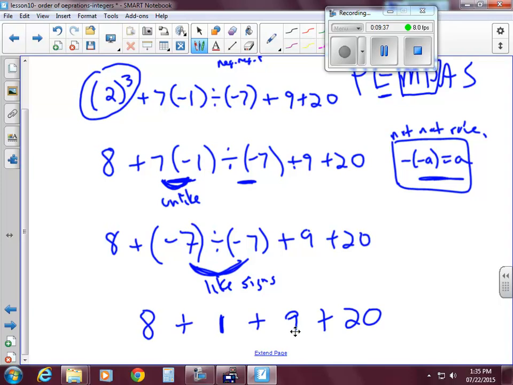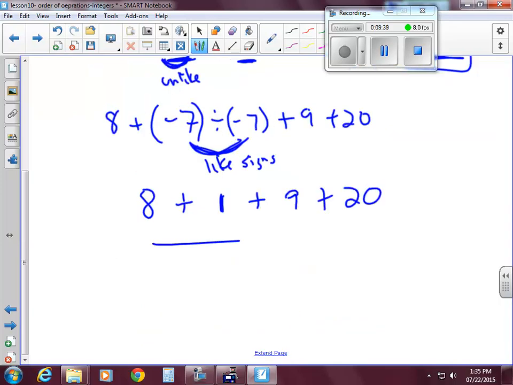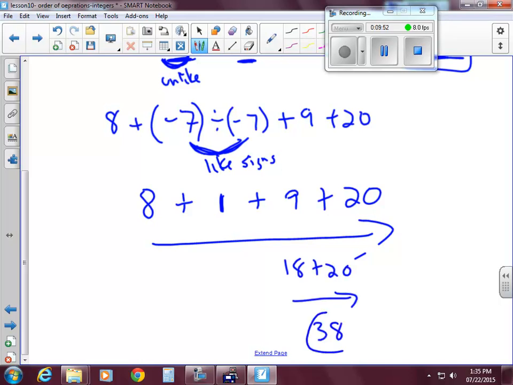And voila, we're almost there. Now you can move left to right because you've got all addition. So 8 plus 1 is 9, plus 9 is 18. And you can even write out an extra step if you want. And then 18 plus 20 is 38. So after all that sweat equity, we arrive at 38.